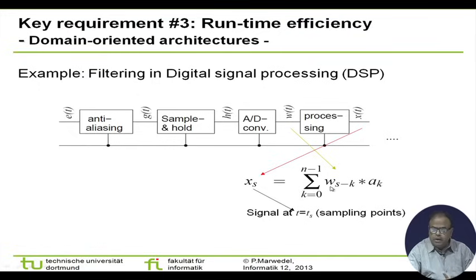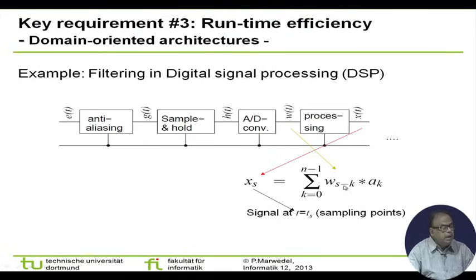One very common operation in filtering is we take all the earlier values of this variable and multiply them with some coefficient. So, it is a multiply and accumulate.